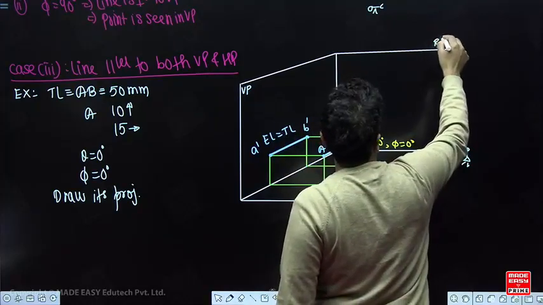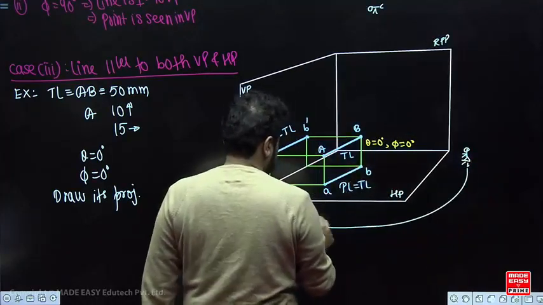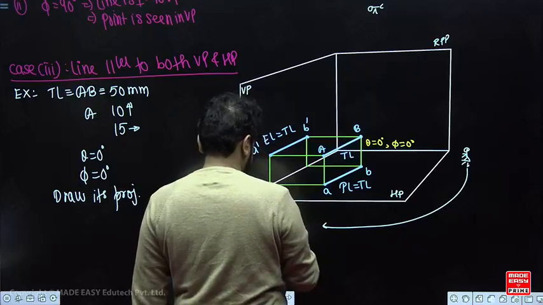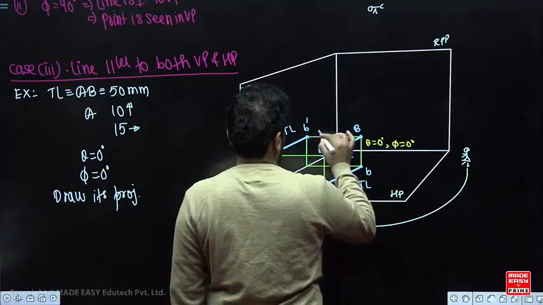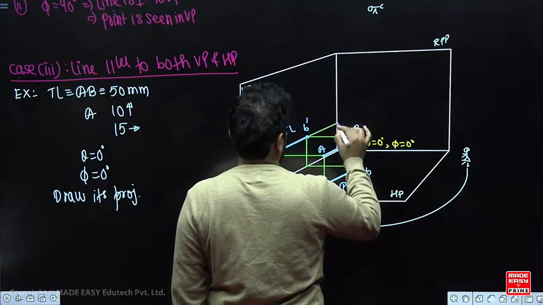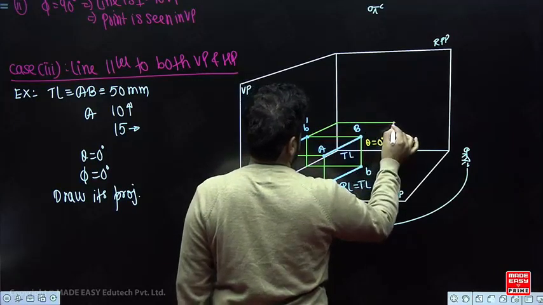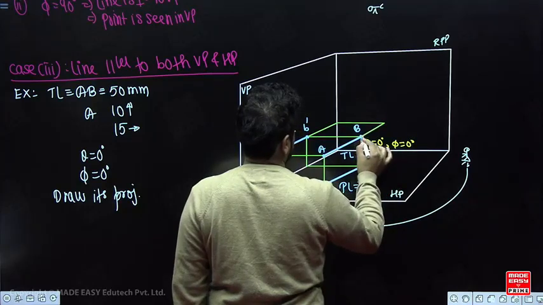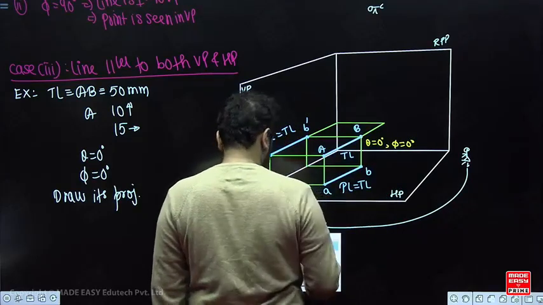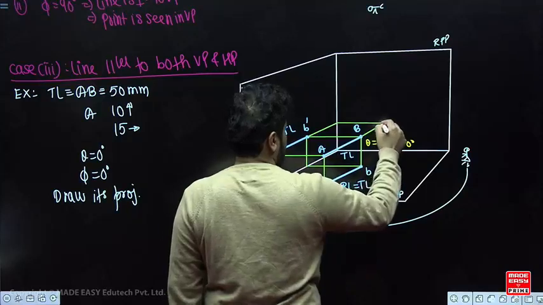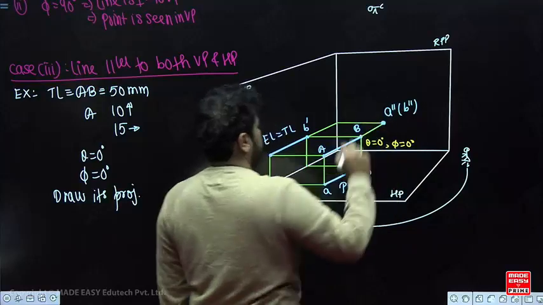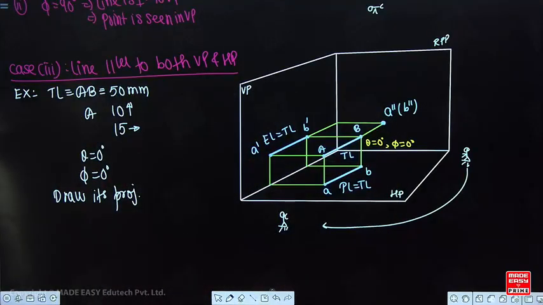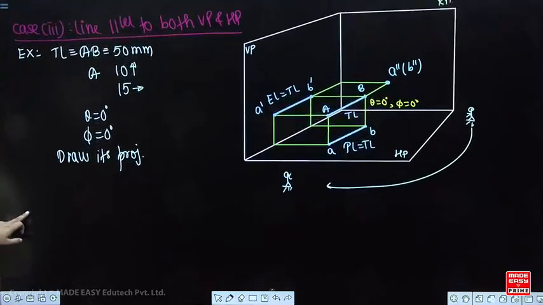This is RPP. If the observer comes here and takes the observation, right? A double dash will be seen, isn't it? From the side view, this is the thing that you will see, correct?